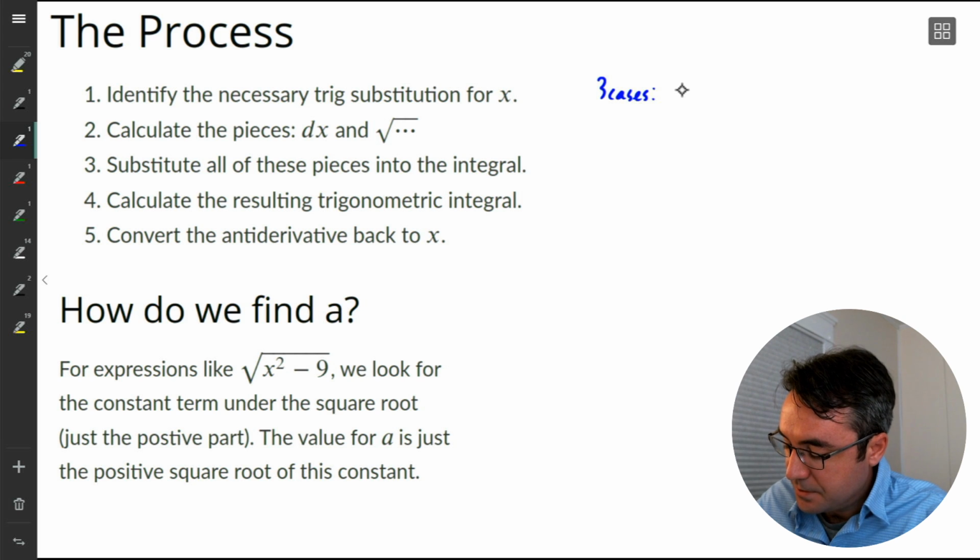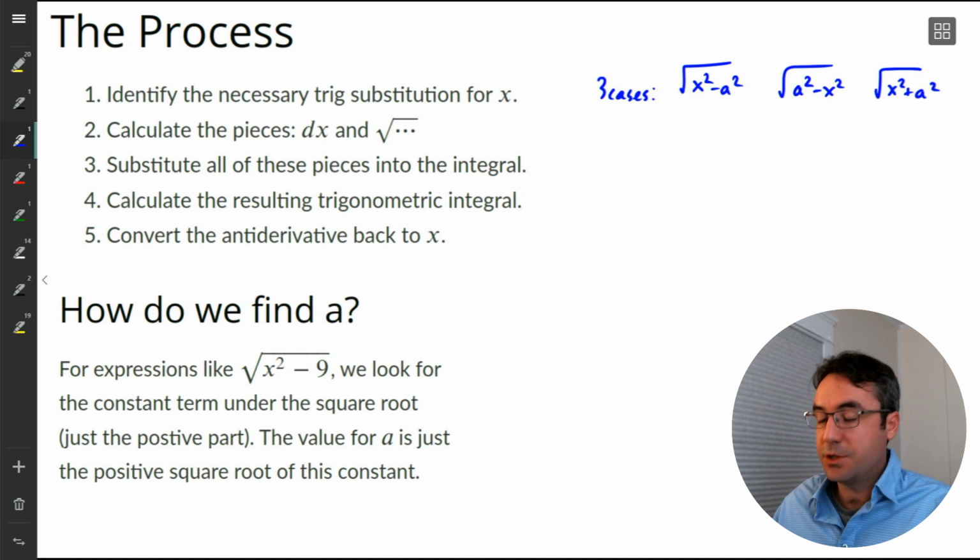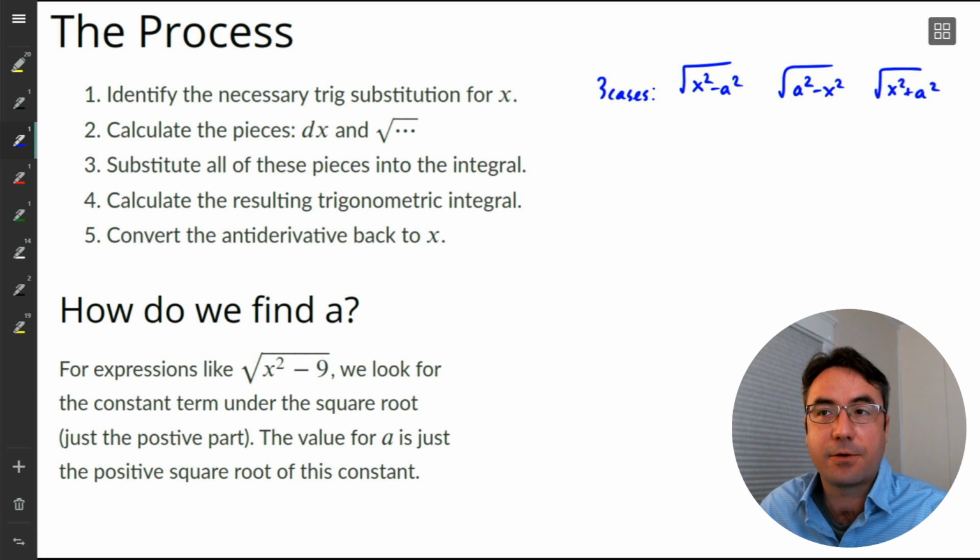We might see square root of x squared minus a squared. We might see a squared minus x squared, or we might see x squared plus a squared. So we're just looking to see which of those things is showing up in our integral. And based on what we see, that's what we choose for x.